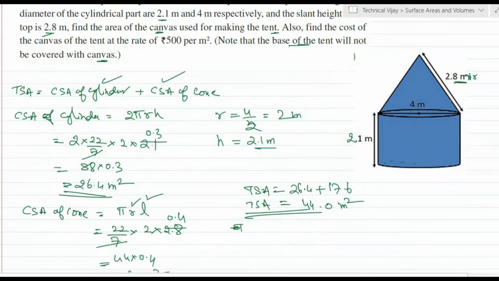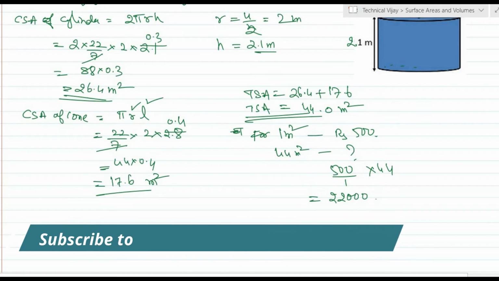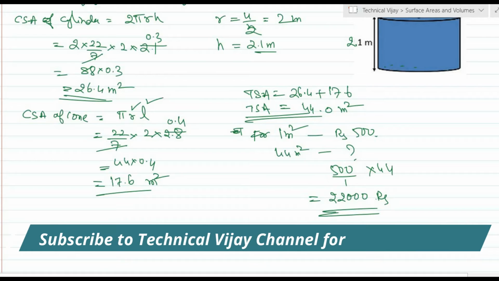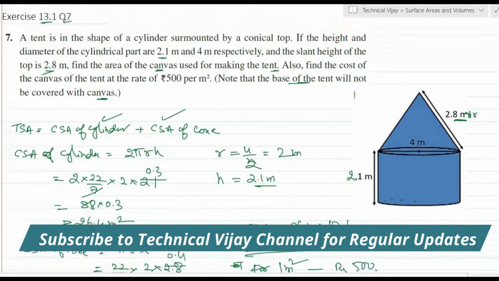For 1 square meter it is rupees 500. So for 44 square meter, how much cost? This is 500 divided by 1 into 44, which is equal to 22,000 rupees. This much amount is required for constructing this type of canvas tent.